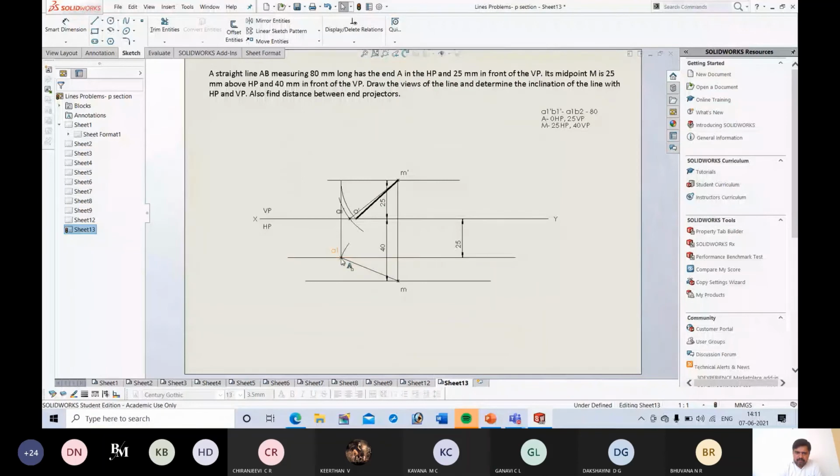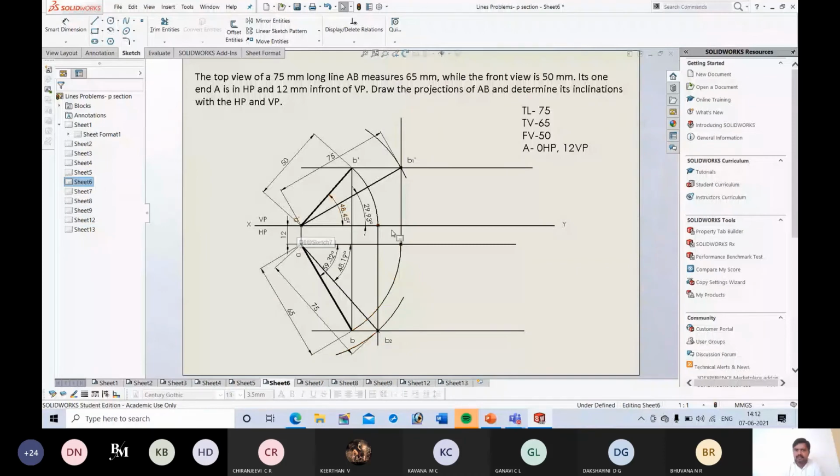From here we have drawn this vertical, starting from locus of A on HP to locus of M, since we are considering only half portion, till locus of M. Then consider A as center and this as radius, draw an arc and rotate it till locus of B. Same procedure: considering M as center, this as radius, we rotate it and get the view. If you have understood previous problems, you can follow this procedure.